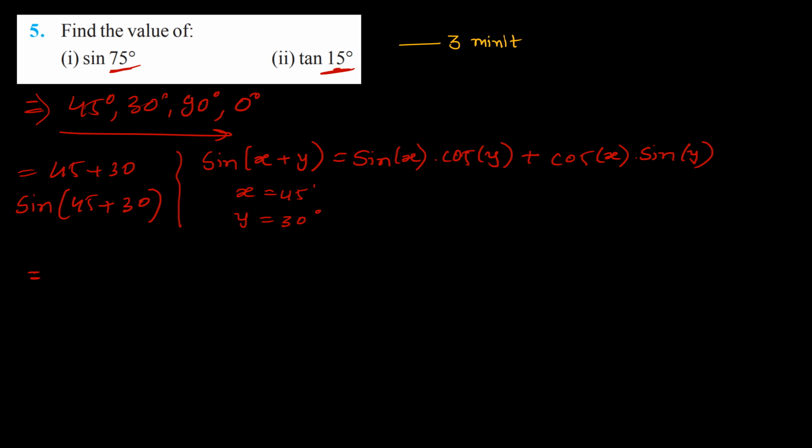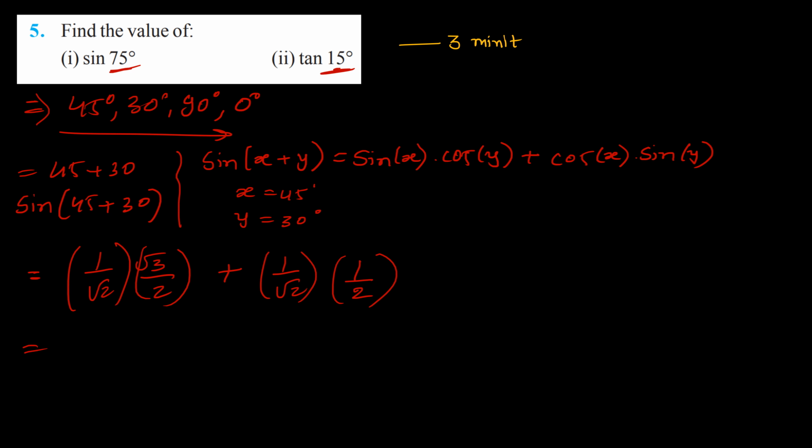So sine 45 degrees is 1 upon root 2, cos 30 degrees is root 3 upon 2, plus cos 45 degrees is 1 upon root 2, and sine 30 degrees is 1 upon 2. And making the LHS, that is root 3 plus 1 over 2 into 2. So that is how we find sine 75 degrees.